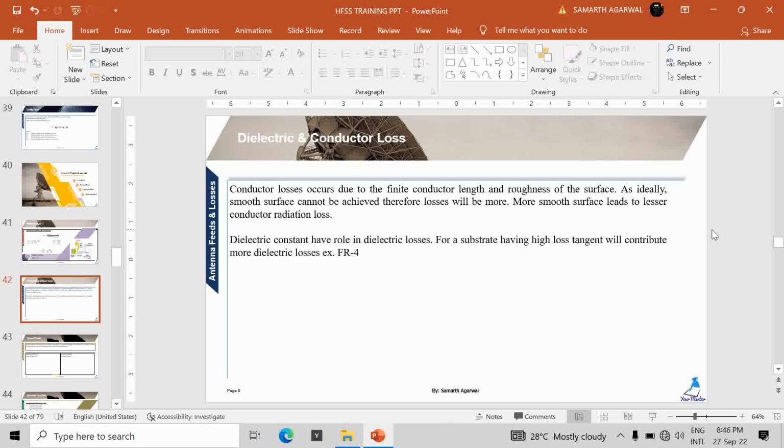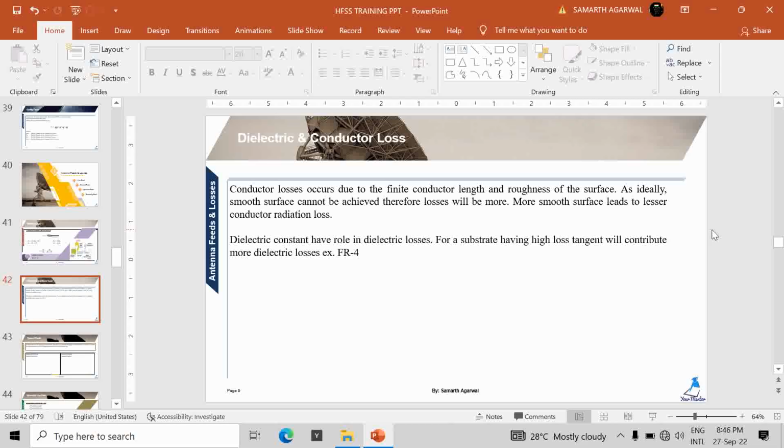Regarding the dielectric constant, we have a role only for a substrate having a high loss tangent, which will contribute more dielectric losses, just like FR4. As you can see in this, the dielectric constant is, we all know, 4.3, and the loss tangent is 0.02, whereas in the case of 5880, that is Rogers Duroid, it has a loss tangent of 0.0009.